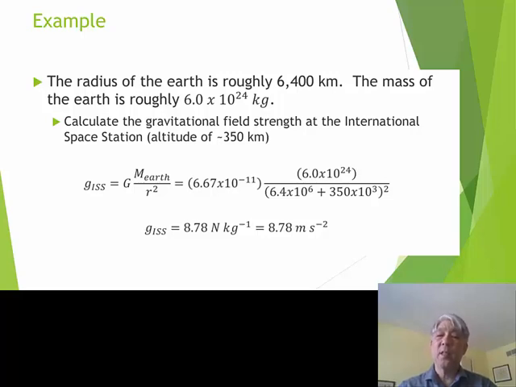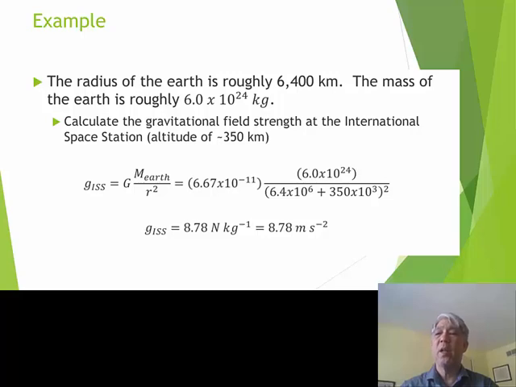Yes, it is an acceleration. Yes, it's also newtons per kilogram. But what's important to realize at this point is that it is not 0. So when we talk about astronauts being weightless at the space station, it's more that they feel weightless. They feel weightless because they have no normal force pushing back at them.